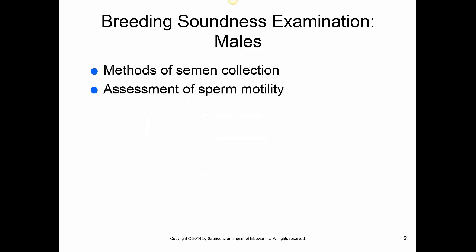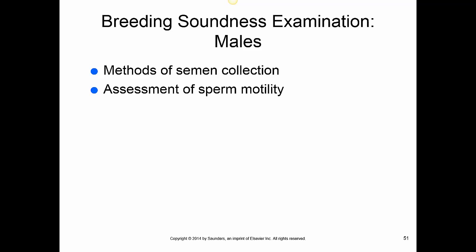Methods of collection. There can be using artificial vaginas. This is very common in horses. You might have something like a collection jar for a pig or a dog, because a lot of times with them, you're actually squeezing or holding onto the penis, and the stimulation of the glands makes them ejaculate. And so a lot of times that's into a collection bottle.